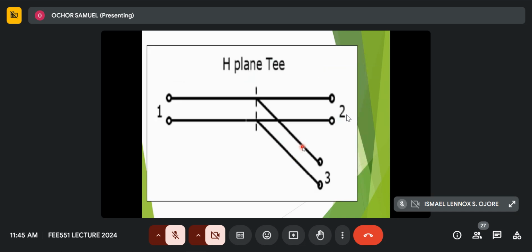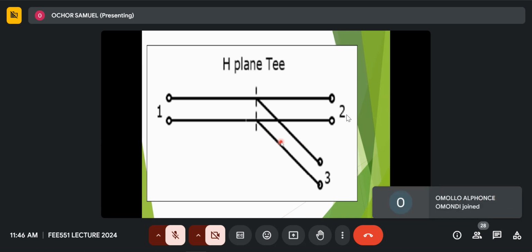Now in the H-plane T, again, port 1 and port 2 are collinear. Those are the main arms, and port 3 is the side arm. So again, the collinear ports always go hand in hand. If 1 and 2 are inputs, then 3 will be the output by default. If 1 and 2 are outputs, 3 is the input, which is okay.